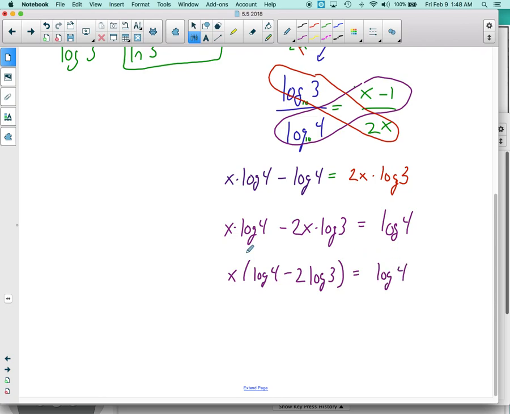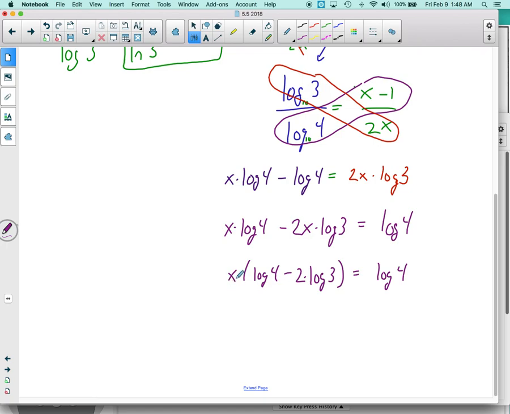What can get really tricky here is that log of 3 is just a number. Think of 2 times x times some number like 5. If I take the x out, it's still 2 times 5 or whatever. So this is just 2 times log of 3. So I have some number minus 2 times some other number, and again equals some number.